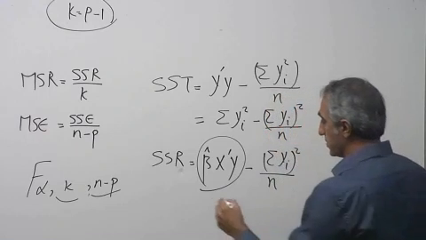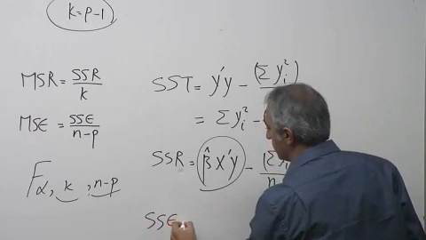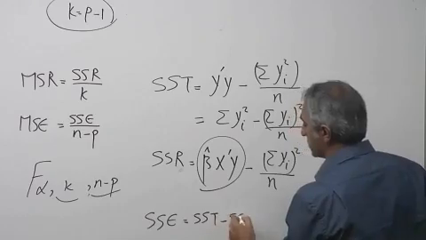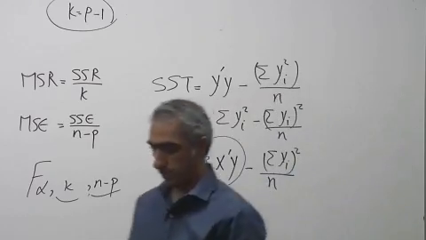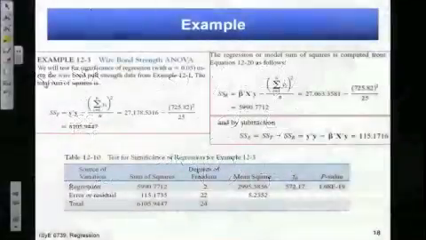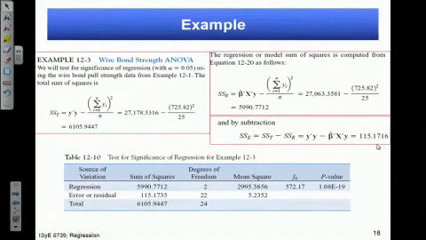And your SSE would be SST minus SSR. So as you can see, this is the sum of squares of regression that you get, and this is the sum of squares of error. You put it here. How about degrees of freedom? Degrees of freedom for this guy is k. K is the number of predictors.